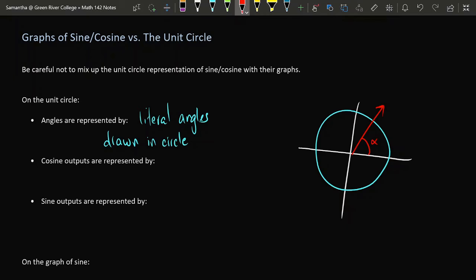On the unit circle picture, the outputs of cosine are represented by the x-coordinates on the circle. So in other words, in the unit circle representation, the outputs of cosine are the horizontal values.